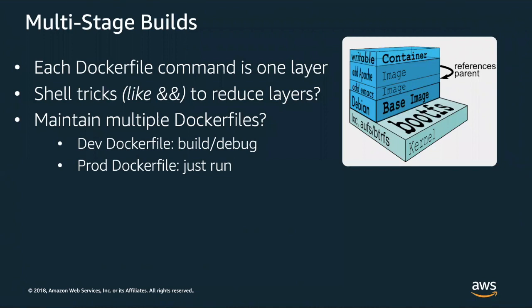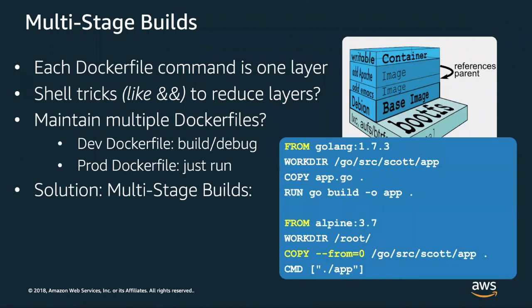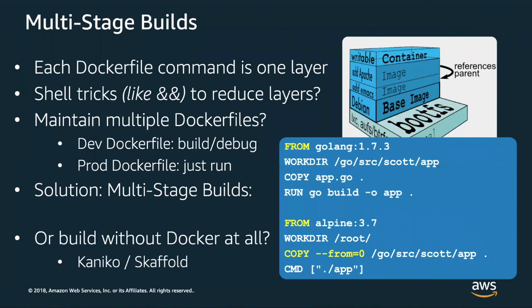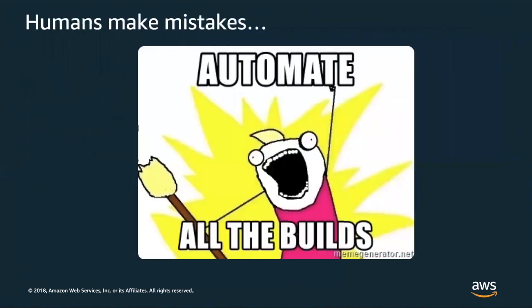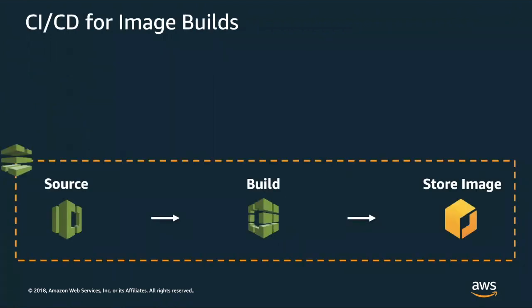Again, this is where you may want to have different Dockerfiles to actually take out debug tooling, so you're running a minimal image in production. You can do multi-stage builds on this, or you could actually build without Docker at all using other microvisor tooling. Obviously, in the deployment process and also in the build process, people make mistakes, so there's ways and means to deal with this.